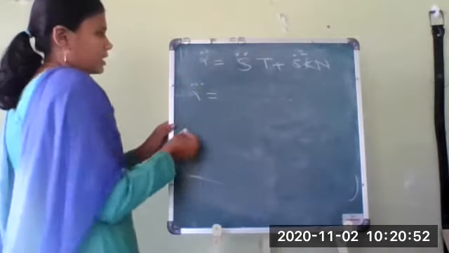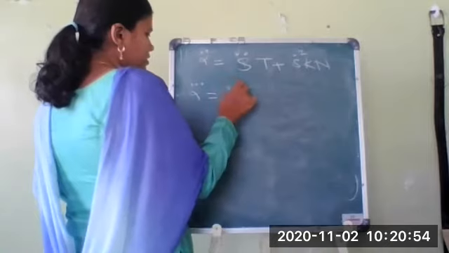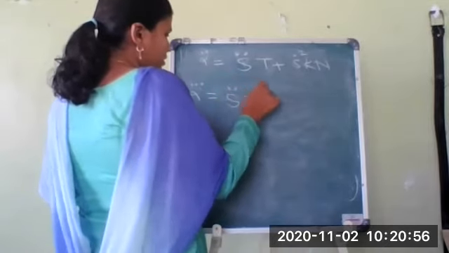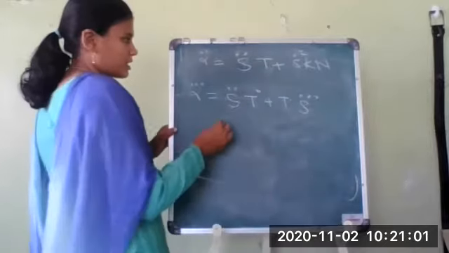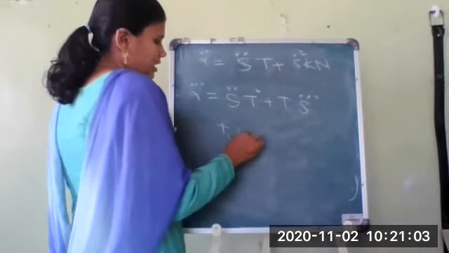Now let me write down alpha triple dot. We have to differentiate three times. So what will be the expression? s double dot T dot, plus T as it is, the derivative of s double dot is s triple dot, so we get curvature K as it is.